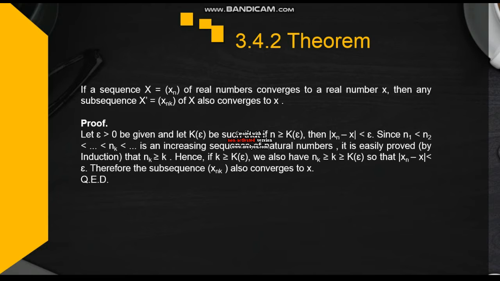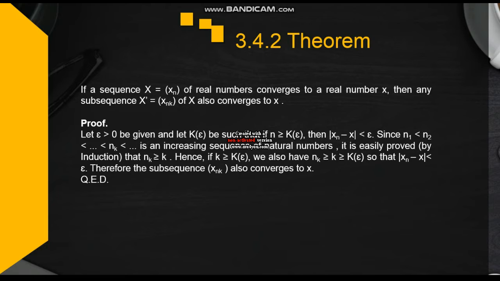Proof: Let epsilon > 0 be given, and let K(epsilon) be such that if n >= K(epsilon), then |x_n - x| < epsilon. Since n_1 < n_2 < ... < n_k < ... is an increasing sequence of natural numbers, it is easily proved by induction that n_k >= k.